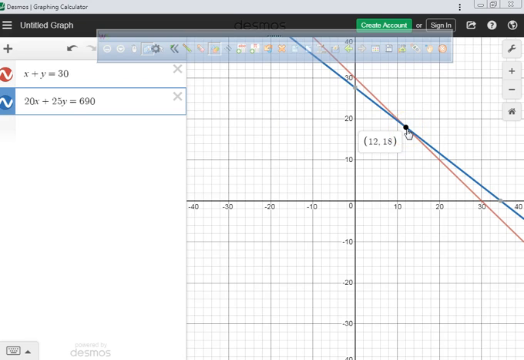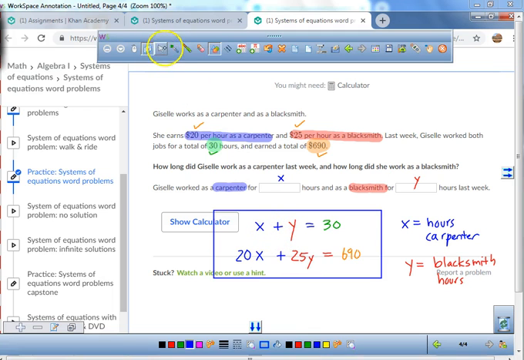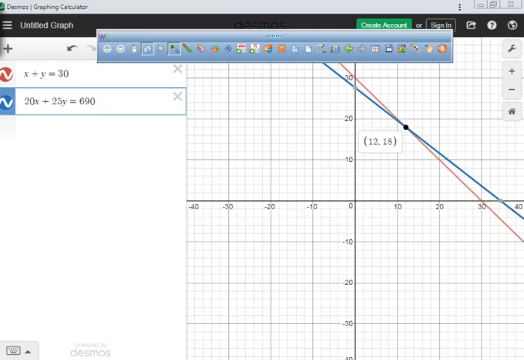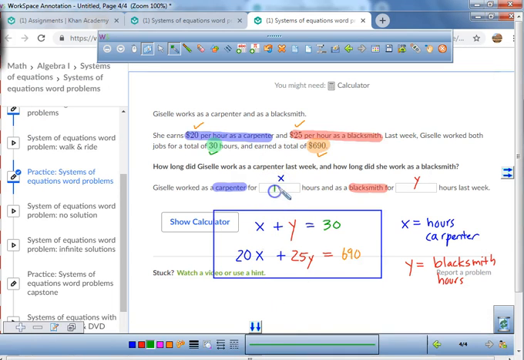Right there, we get a 12 and an 18. Do 12 and 18 add up to 30? They certainly do. So there's our x, there's our y. That means we found our x and y: 12 and 18.